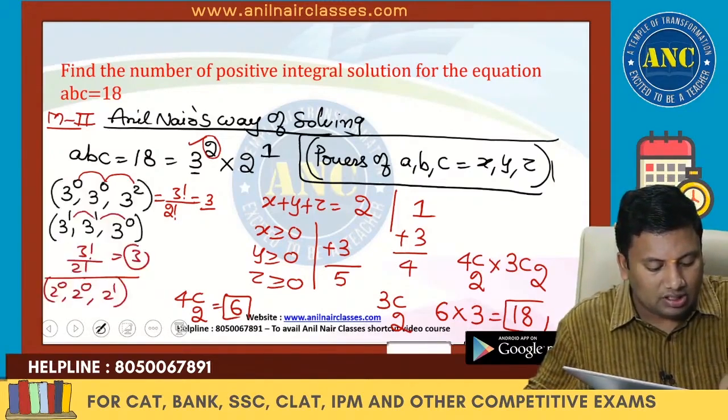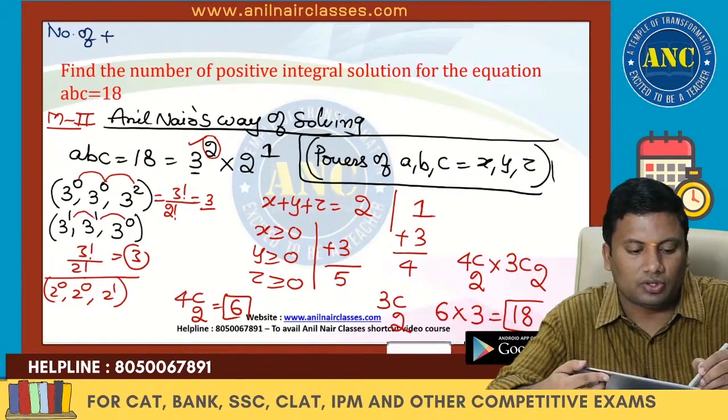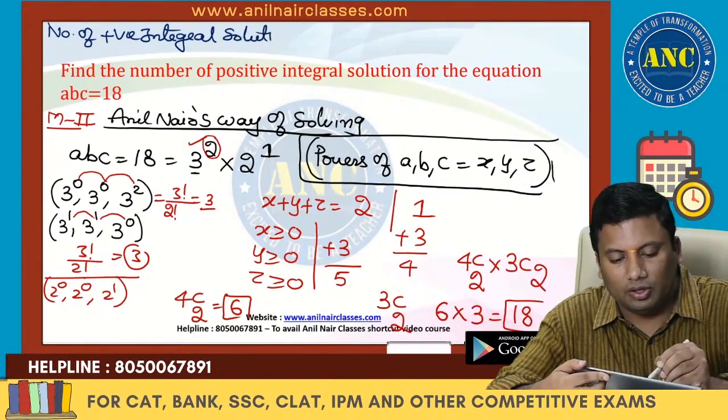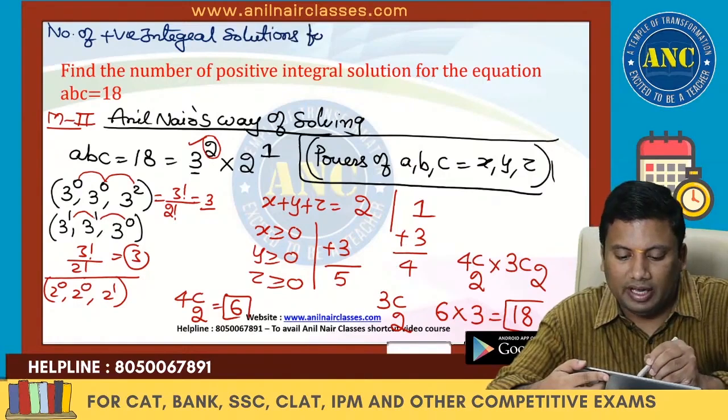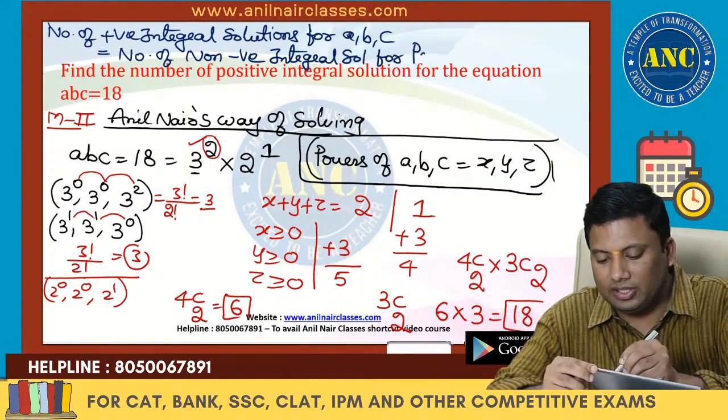First, write down this key point. Number of positive integral solutions for ABC is nothing but the number of non-negative integral solutions for the powers of ABC.